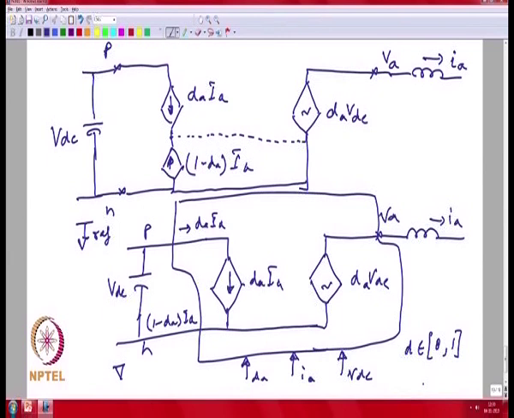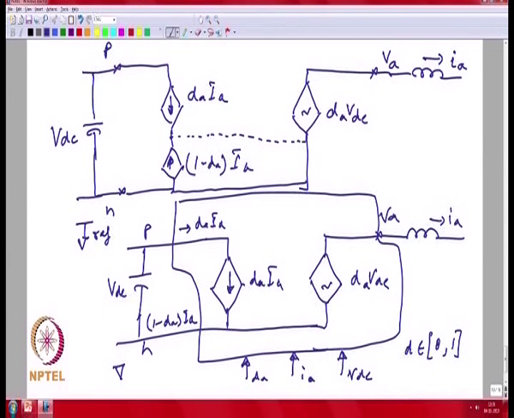You also have other non-idealities that you have ignored in this model, such as dead time, switch voltage drops, etc., which might effectively reduce the actual voltage that will be obtained at the output of this average model.